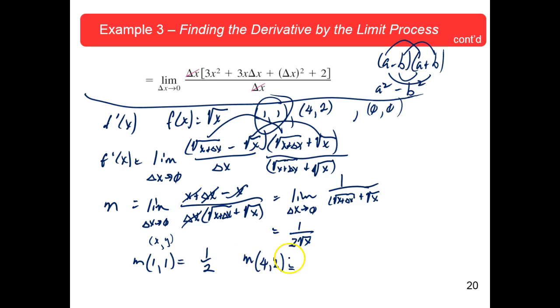What would that be? 1 over 4. Perfect. Now let's investigate what's happening at 0, 0. What would that be? It's undefined. Absolutely. Why?